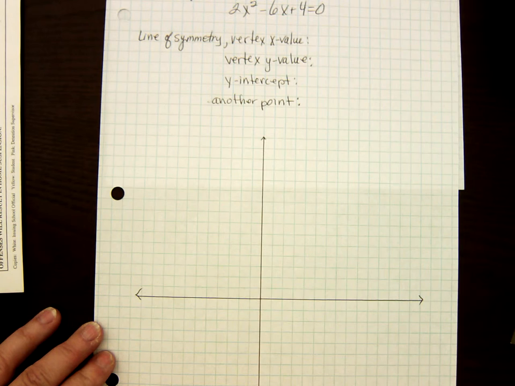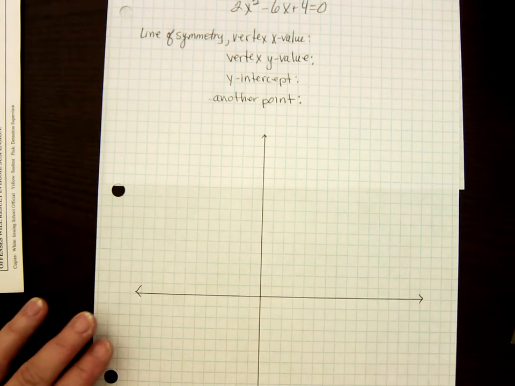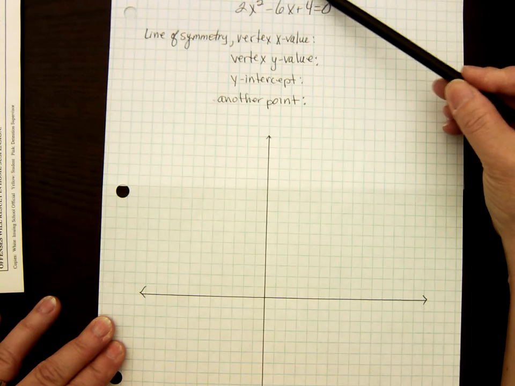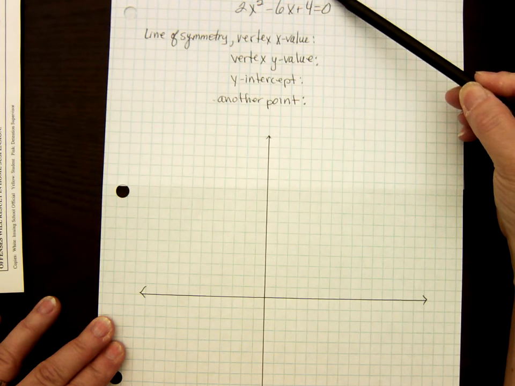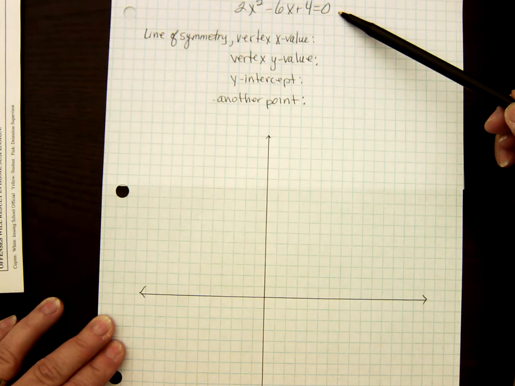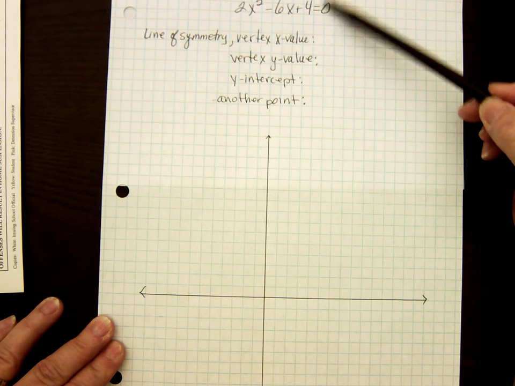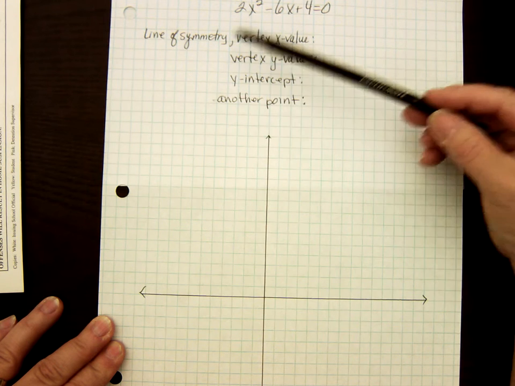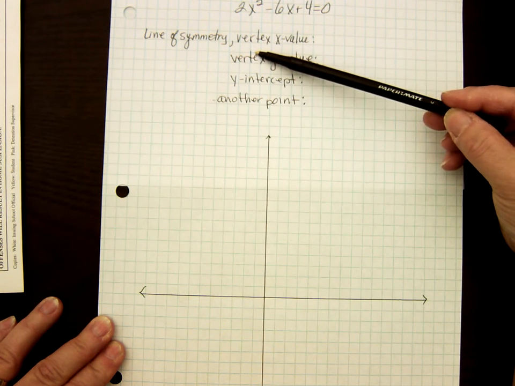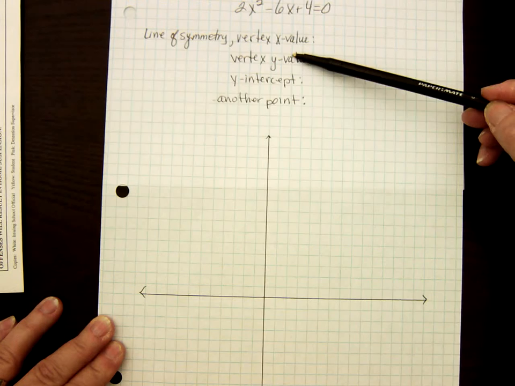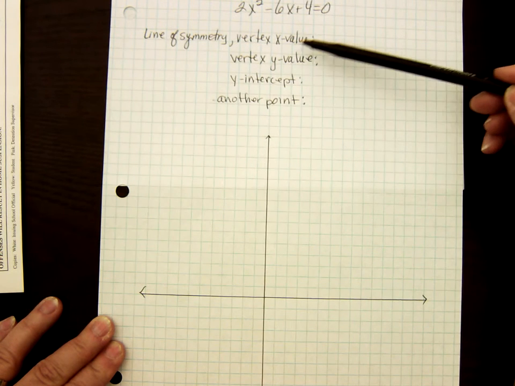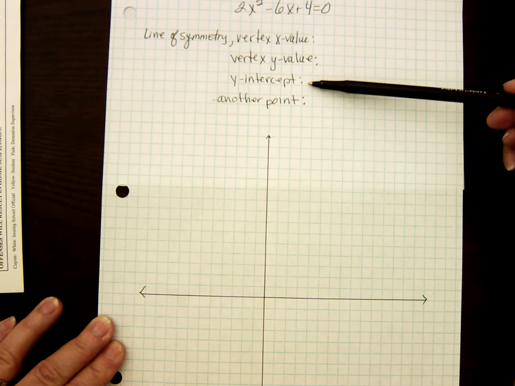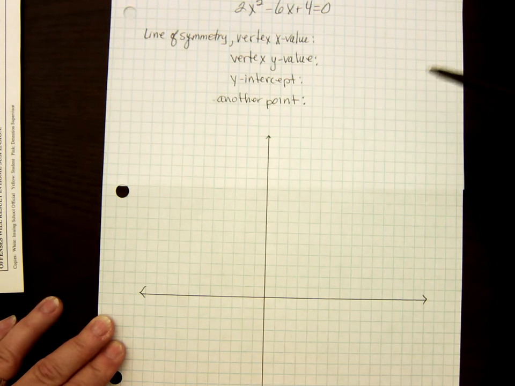Okay, now we're going to graph together the function 2x squared minus 6x equals negative 4. My first step is to put it in standard form by adding 4 to both sides. So these are the values I want to find: the line of symmetry and the x value of the vertex, which are one and the same points, the y value of the vertex, the y-intercept, and one more point.